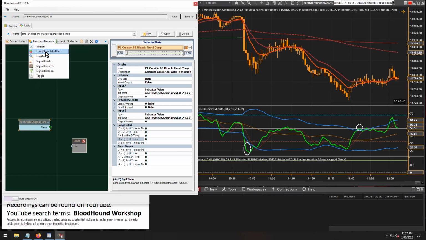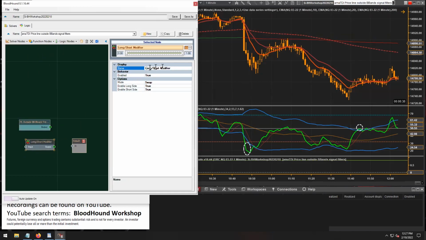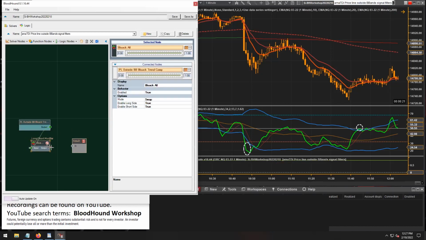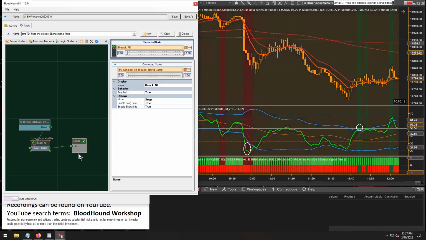So to do this, you need one comparison solver, and then we have to grab a long short modifier. This long short modifier will block all signals when the price line is outside the bands. So let's connect that in like so. And the mode that we're looking for, let's see, product.